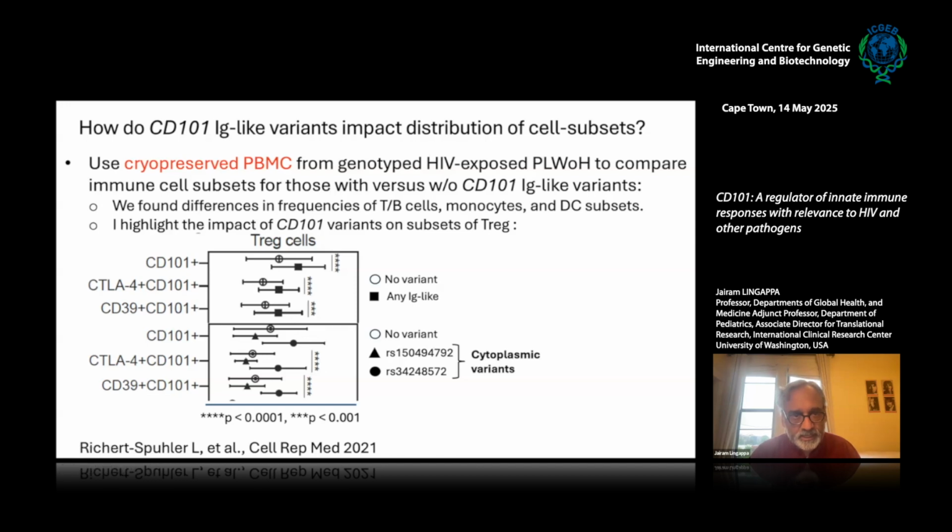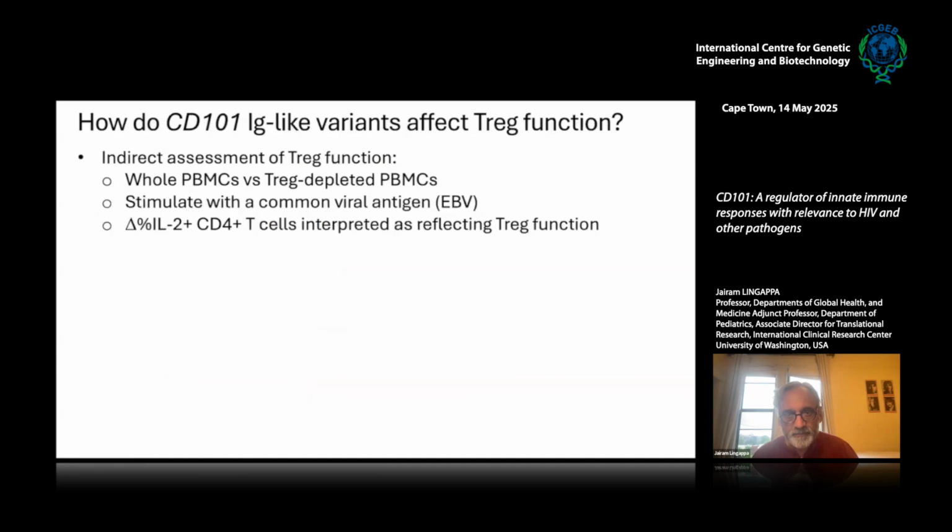Keep this in mind again. We'll come back to this later in the presentation, the CD101 positive Tregs in cryopreserved PBMCs. But this showed that the level of these CD101 Tregs were increased in partners with CD101 variants.